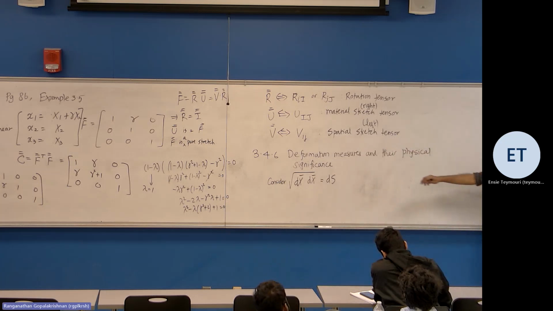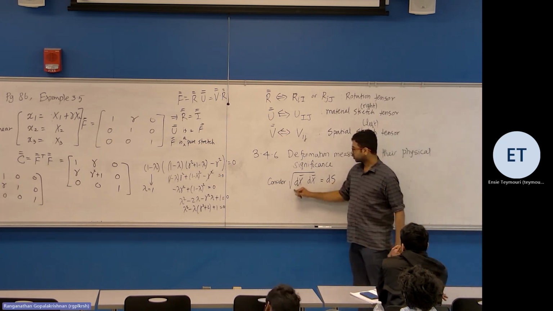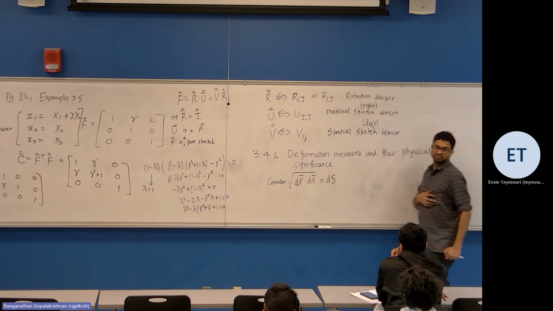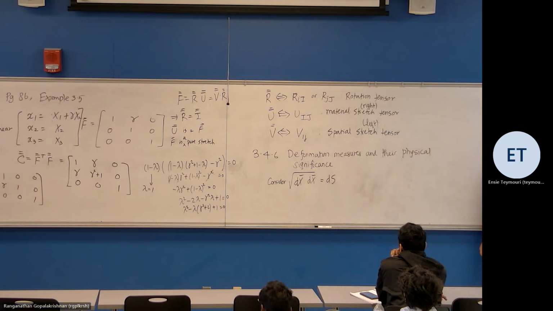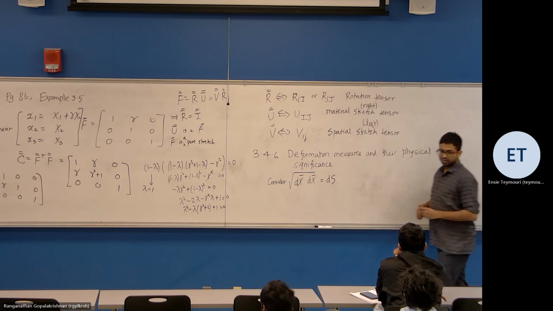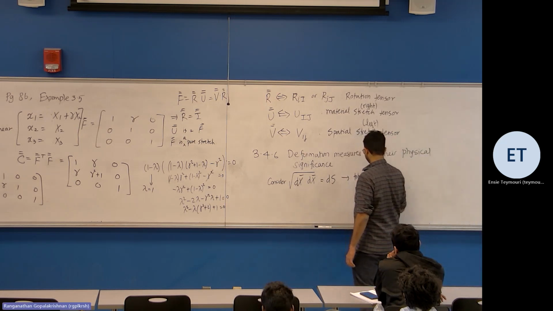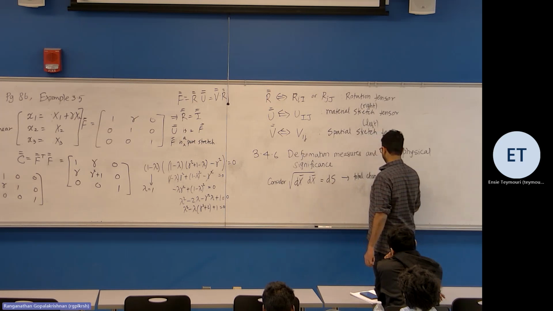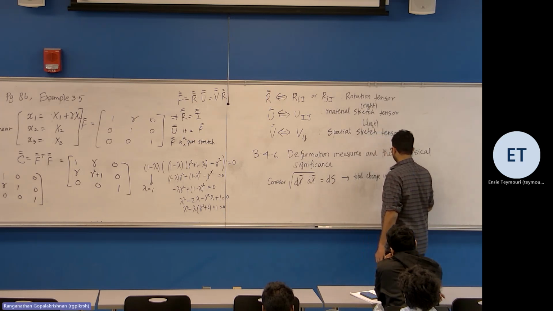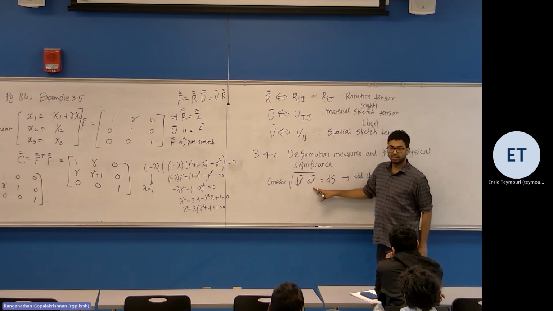What is this quantity? How do you interpret it? If dx is change in position, what is the square root of dx dot dx? Change in length. This is the total change in length, and since you are doing a dot product, it is summed over all three directions.